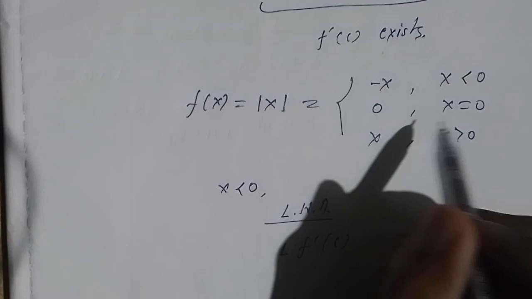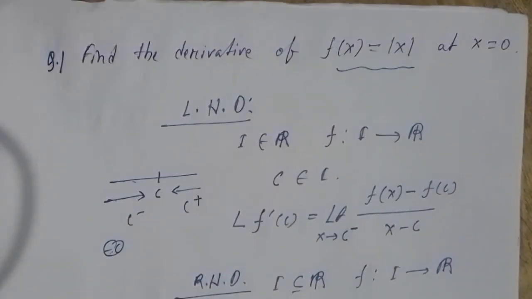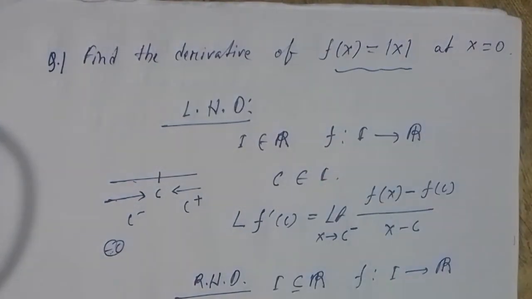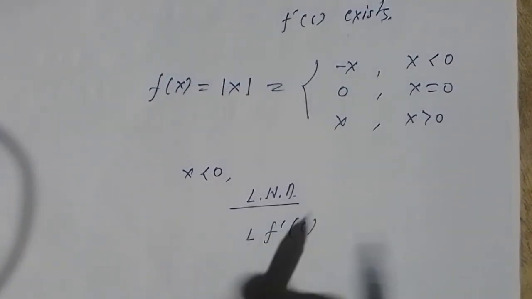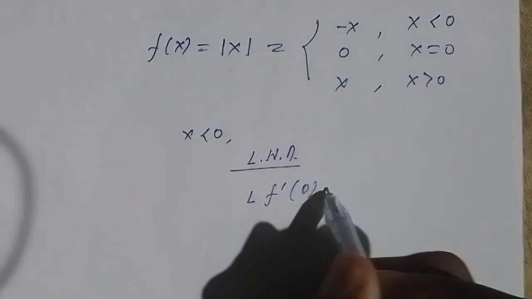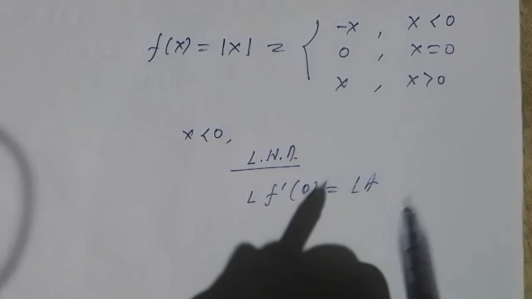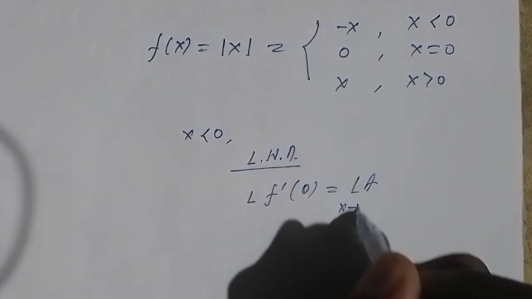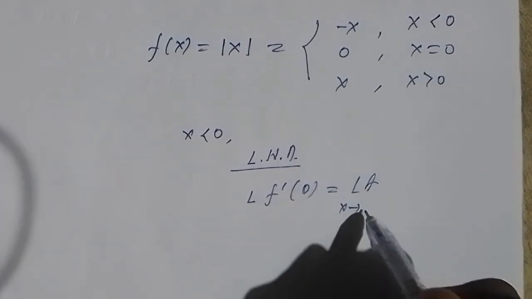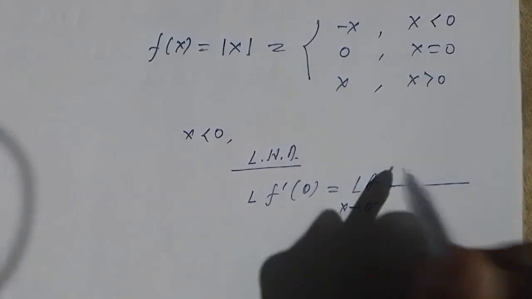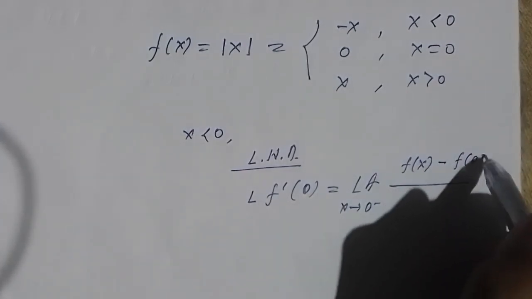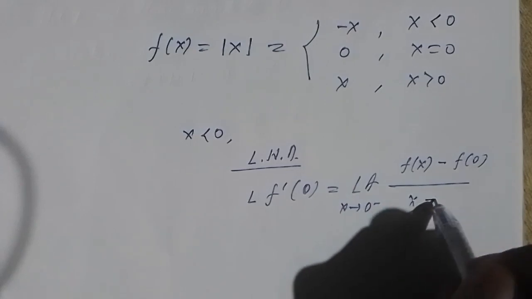Here c is 0 because we are asked to find the derivative of this modulus function at x equals 0. So according to the definition, the limit as x tends to 0 negative of (f(x) minus f(0)) divided by (x minus 0).